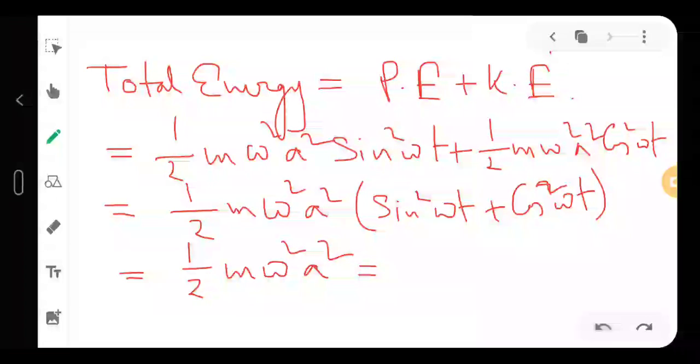Now I will give you one example where we use this kind of oscillation where we study.